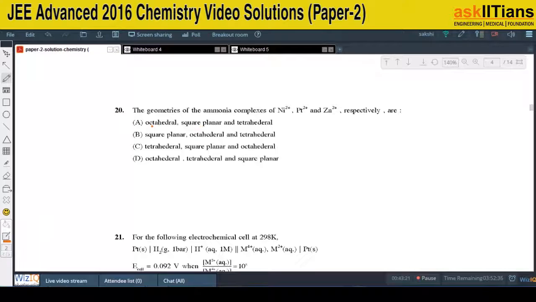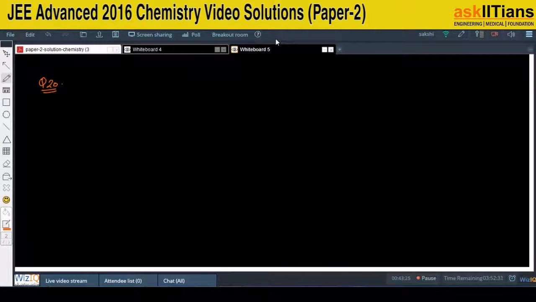The three options given are octahedral, square planar and tetrahedral. One very important thing to be known to you is that you have to tell what should be the geometries of nickel 2 plus, platinum 2 plus and zinc 2 plus, whether octahedral, square planar, or tetrahedral.